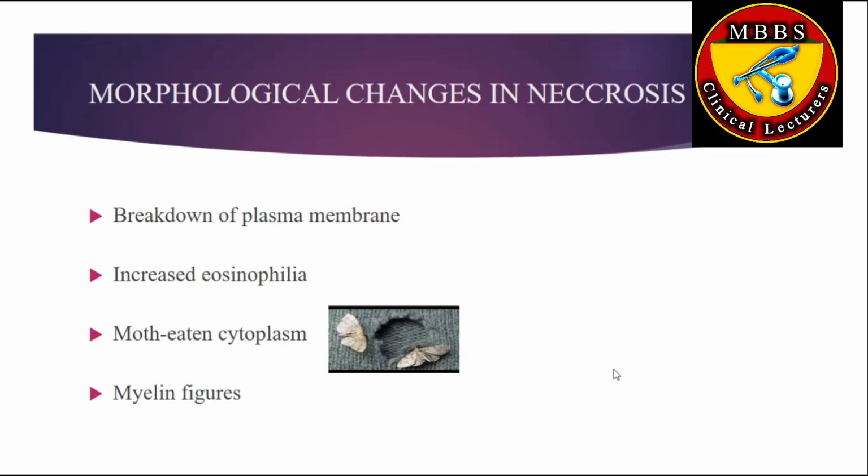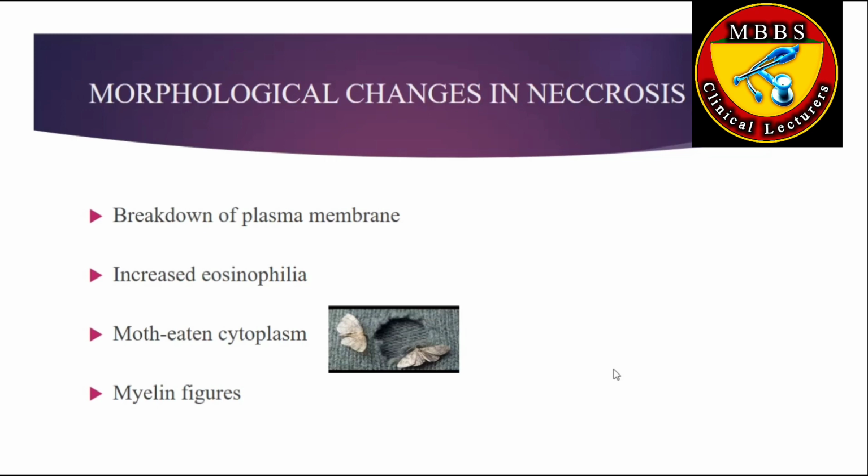Basically this increased eosinophilia is due to the loss of cytoplasmic RNA, which binds to the blue dye, that is hematoxylin, and secondly due to the presence of denatured cytoplasmic protein which binds to the red dye eosin and gives a more bright pink color of the cytoplasm.